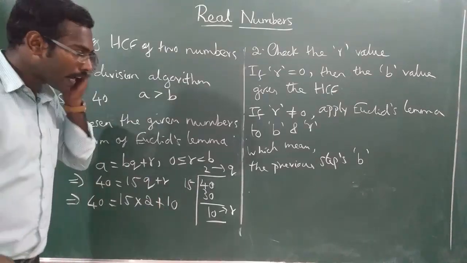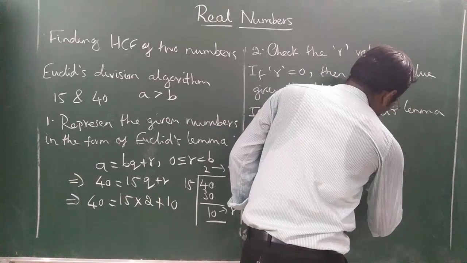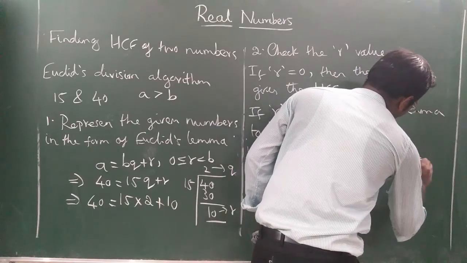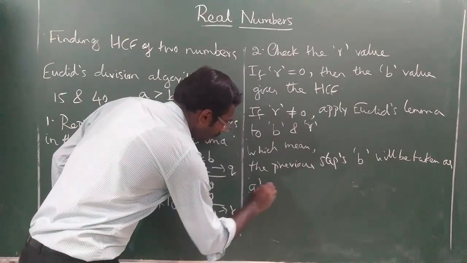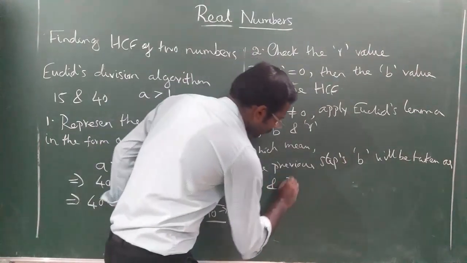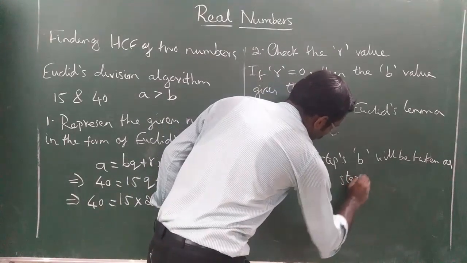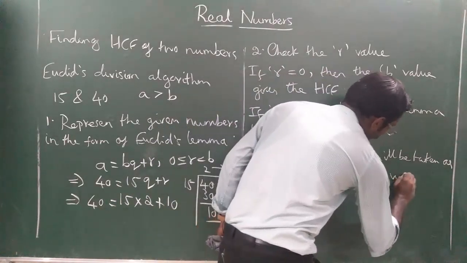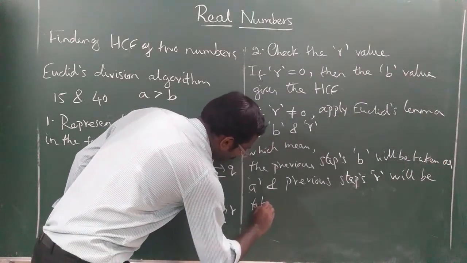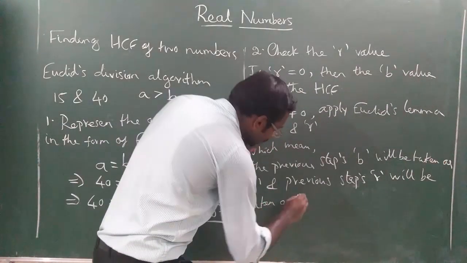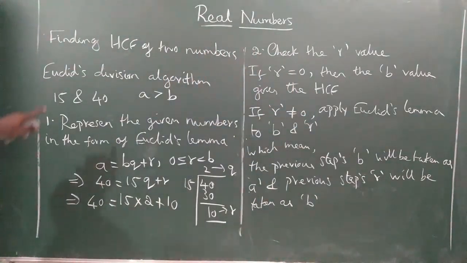Understood or not? Okay. So the previous step's B will be taken as A and the previous step's R will be taken as B. Okay. So I hope you have already copied this.